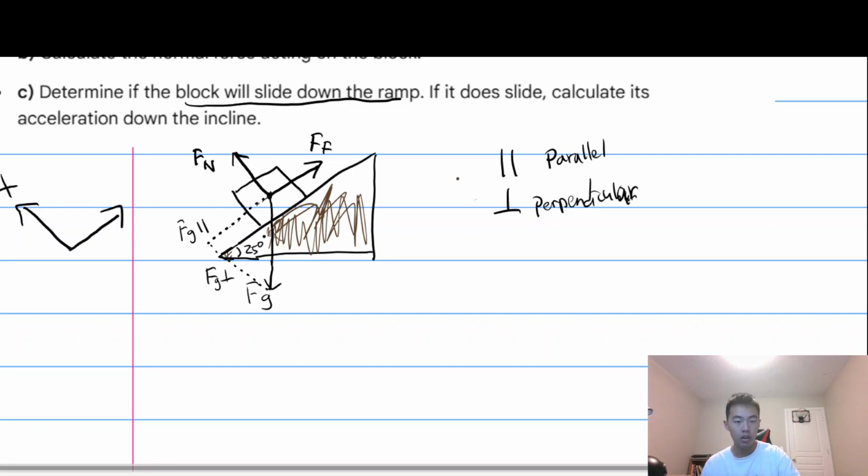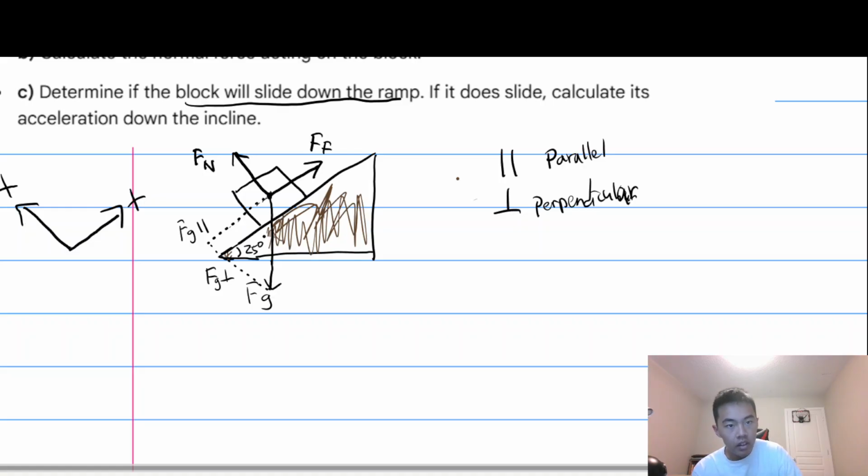And if this block was going higher on the ramp, I would also call that positive. But this is your own choosing. You can choose which way is positive, which way is negative, as long as you state it.